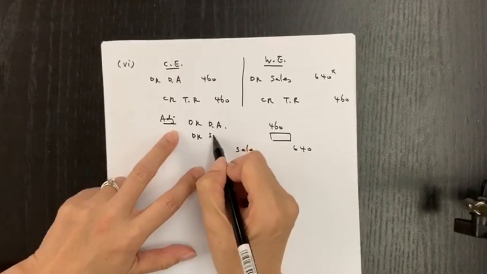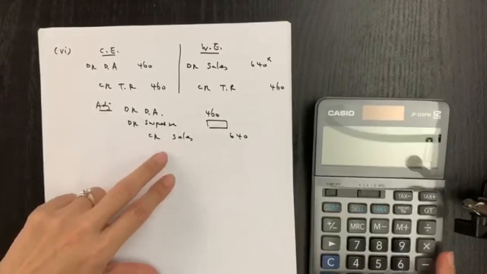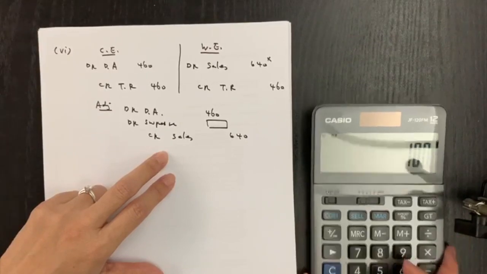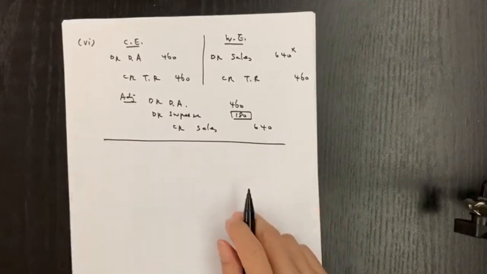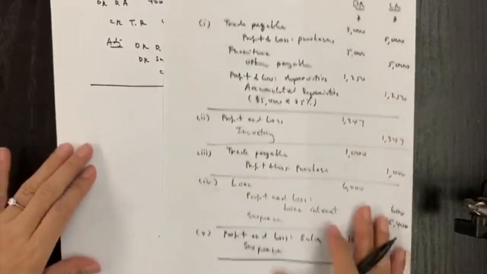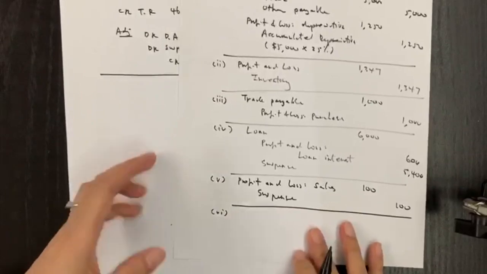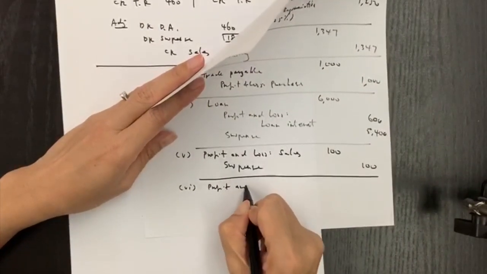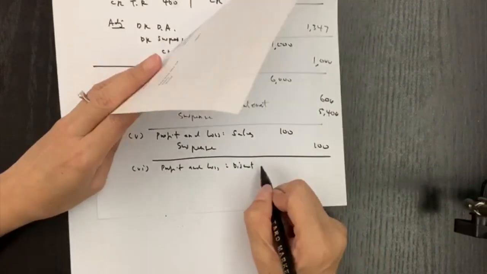Always insert the suspense account on the smaller side. So that will be 640 minus 460, so I have 180. This is the analysis. Don't forget, when we post it to part A, always write a nice answer here. Discount allowed in the profit and loss account because of discounts allowed.